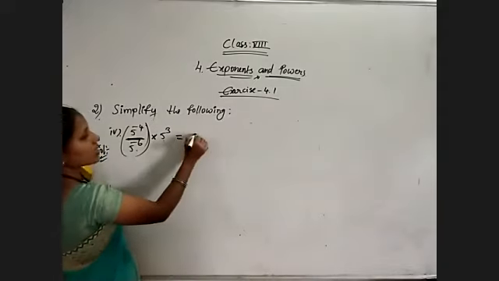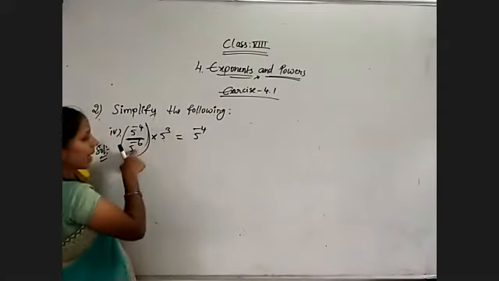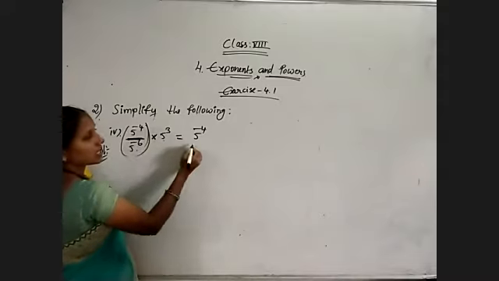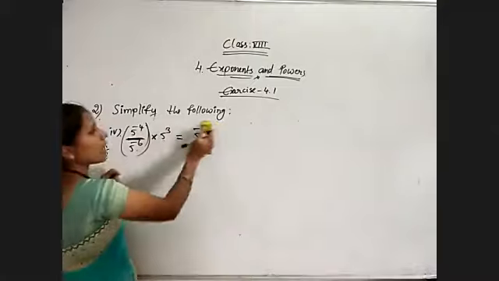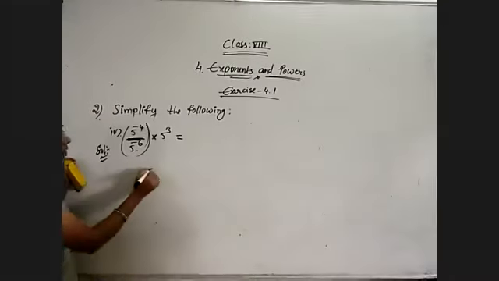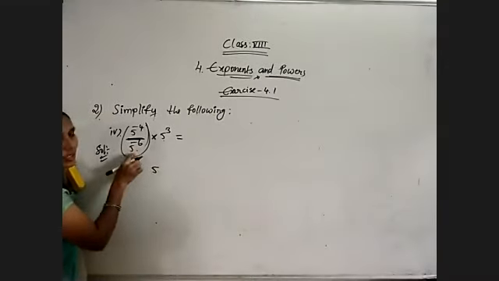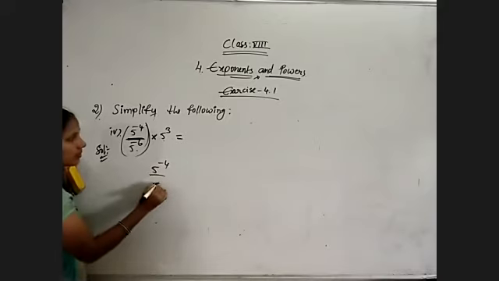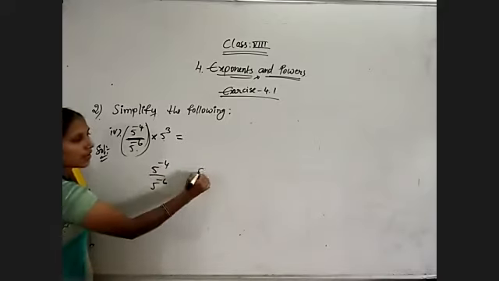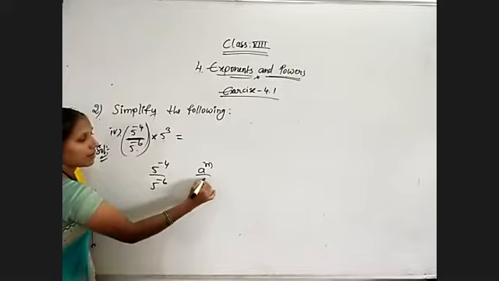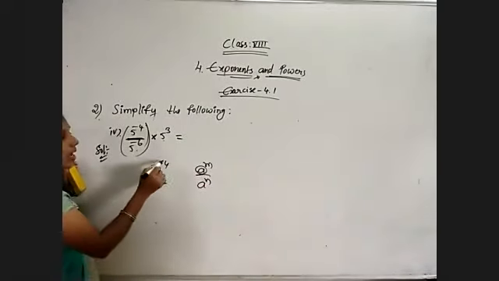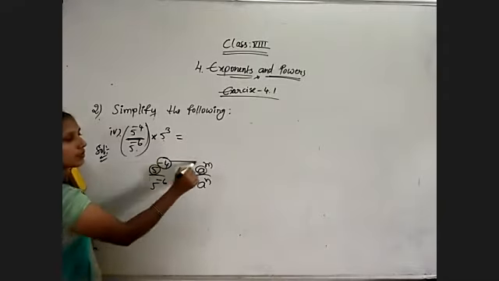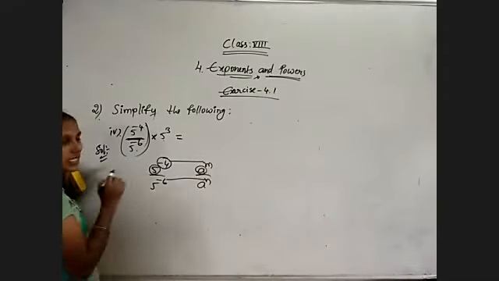5^(-4)/5^(-6). Just observe this bracket first. 5 is the same base for numerator and denominator. That means it is in the form a^m/a^n. The a value is 5, m is -4, n is -6.